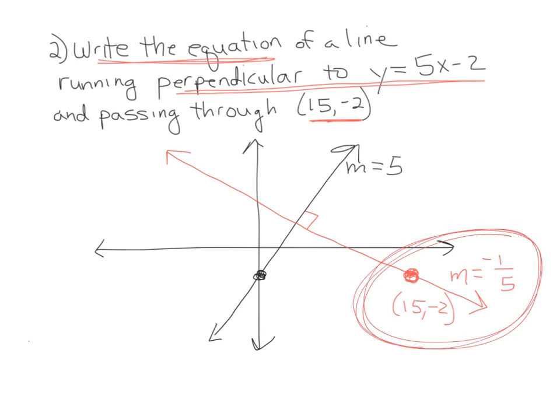So I need to go to the next page, and here we go. Our slope was negative 1/5, and the point we need is 15, negative 2. So we can use what I taught you yesterday. Alright, here we go. y equals mx plus b. We're going to plug in. Here is an x and a y, because it's an ordered pair. And here's my m.